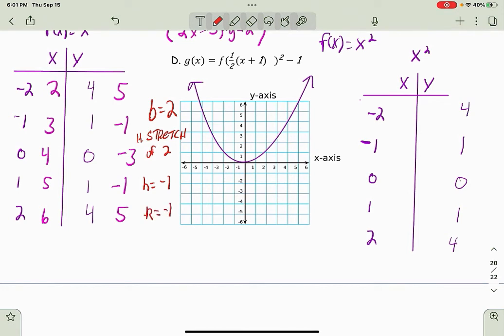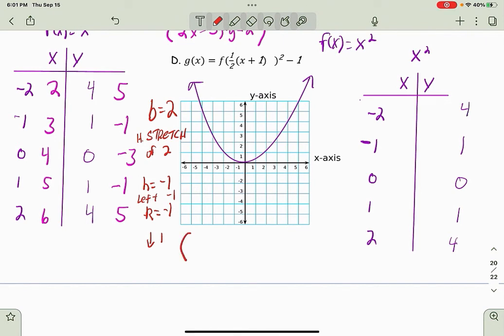So our h of -1 means a left shift of 1, and our k of -1 means a down shift of 1. So let's go ahead and make our x y transformation formulas.